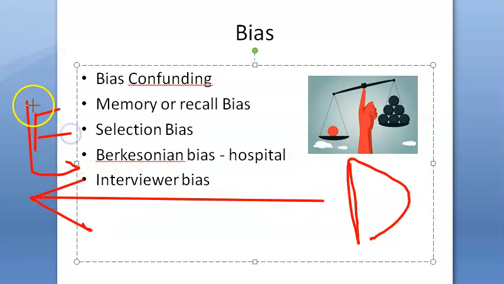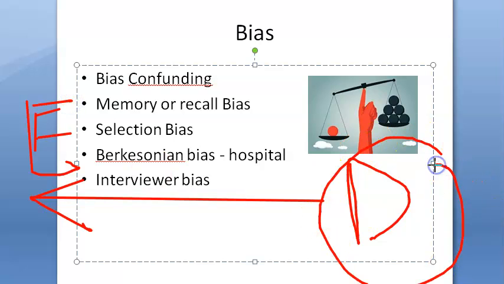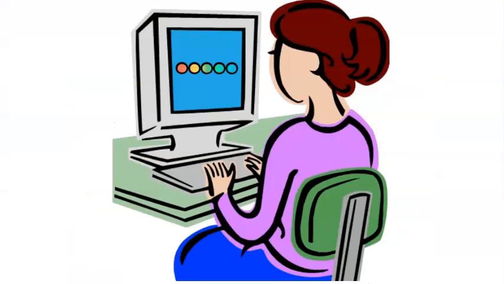So if you may be taking hospital admissions as your information, the Berksonian bias comes: different rates of admission to hospitals for people with different diseases, that is the Berksonian bias. So remember guys, you're taking the cases and controls from the hospital and the hospital admission rates may vary. So you should be careful about that.